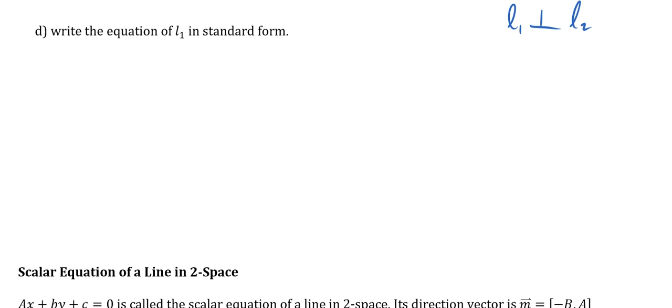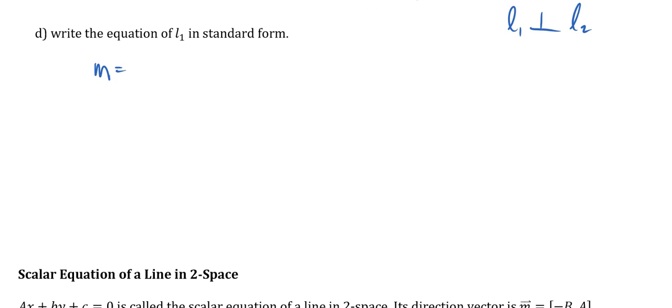What about the equation of L1 in standard form? Again, this is what I mean: it's helpful to be able to switch between all the different forms, the ones that we're used to from the past and the new ones that we're learning. We've got 2 points, so I can find the slope between those 2 points.